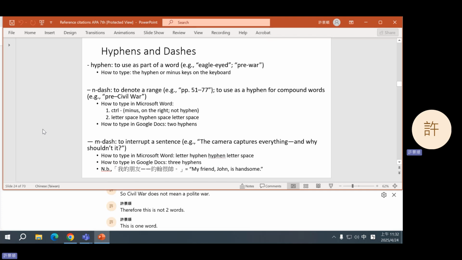So if you need to do this, but one part of your word looks like 2 words, then instead of a hyphen, you should use an N dash. Right? This looks like 1 word, so it's a hyphen. This looks like 2 words, even though it's 1 word, so you use an N dash.